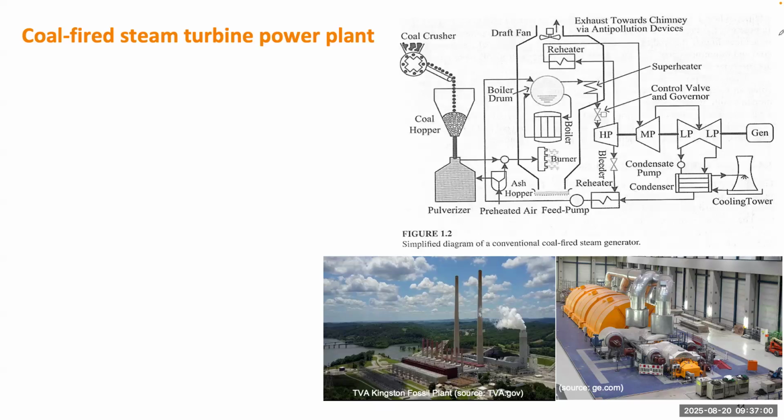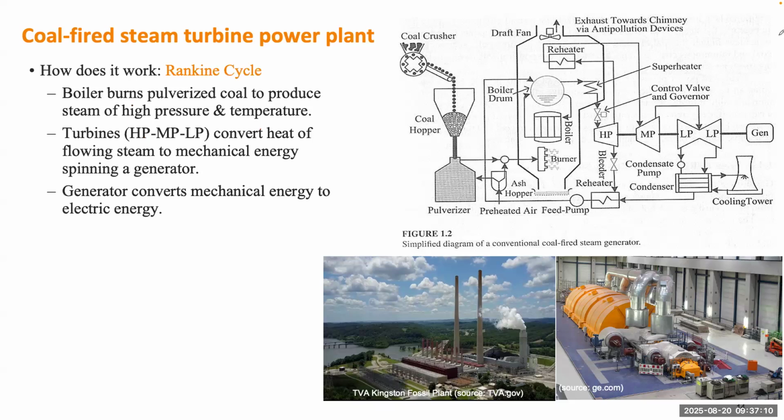So this figure from the textbook gives the idea of how the coal-fired steam turbine power plant works. It goes through a number of steps. This entire cycle is called a Rankine cycle. It's not a Carnot cycle; later, I will show why it's different. But we can still utilize the idea of the Carnot cycle to estimate the efficiency.